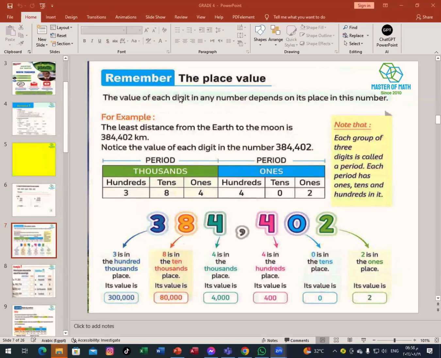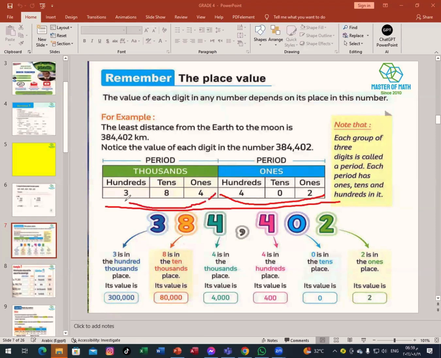I said we have to remember place value and the difference between place value and value. For example, this number, 384,042. I call these ones, and 0 tens, and 4 hundreds. These 3 digits I call a period.